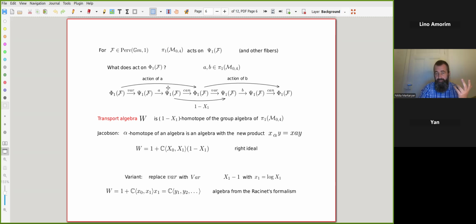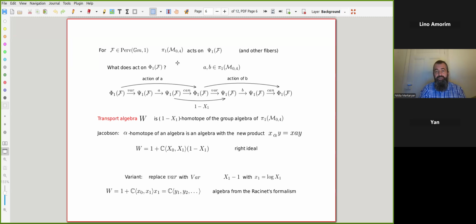So this is the action of our algebra. How does the composition look? We have the action of A, then the action of B. If we compose them, we need to compose can and var, which gives us 1 minus the monodromy around this point. So it's essentially the group algebra of pi1 of our space, but with a new multiplication. This new multiplication is called, by Jacobson I think, a homotope.